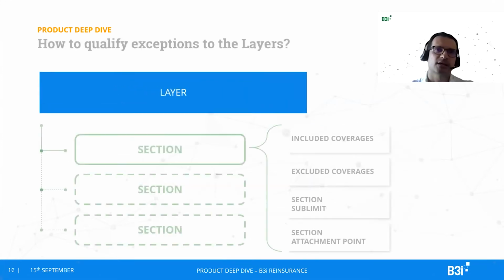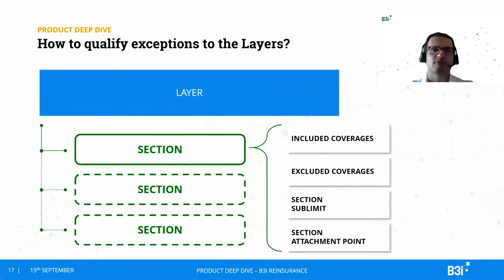So if you move on to the next slide, what we've done also is we've added an additional level below the layer, which is the section. And this is really to support all those complex structures that are out there in the industry. So in this case, the layer acts as the aggregating entity above the sections.